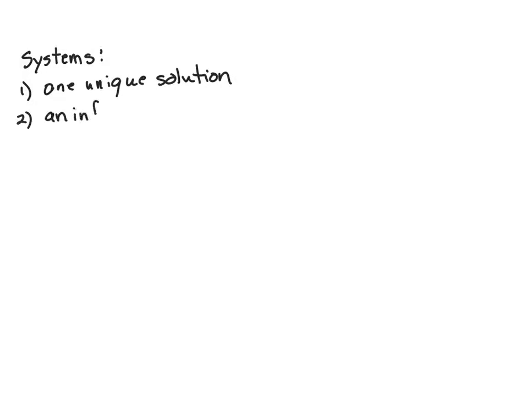First off, I'd like to remind you, when you have a system of linear equations, you either have a single unique solution, an infinite number of solutions, or no solution.